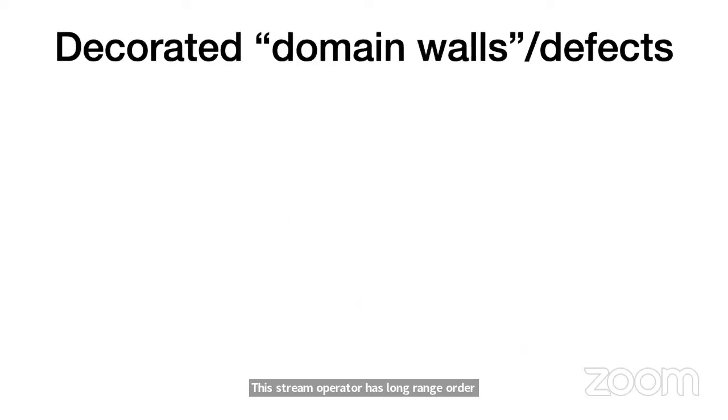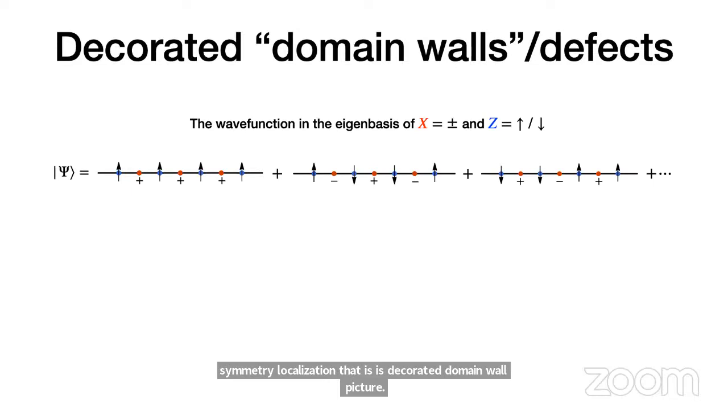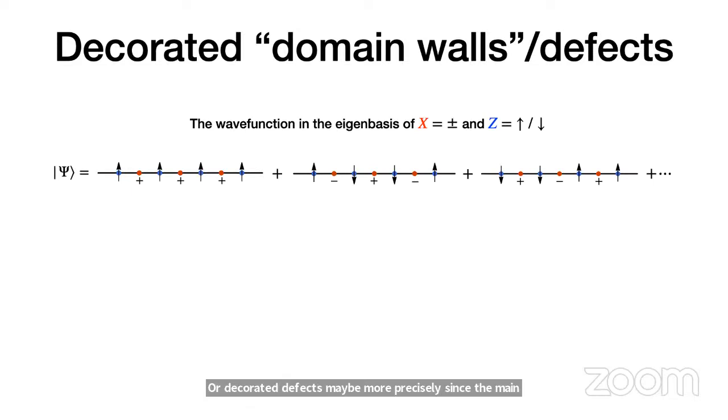All right, there's a more heuristic or intuitive picture to visualize this string order, or symmetry localization. That is the decorated domain wall picture, or decorated defects, maybe more precisely, since domain wall is something that you discuss in symmetry-breaking states.